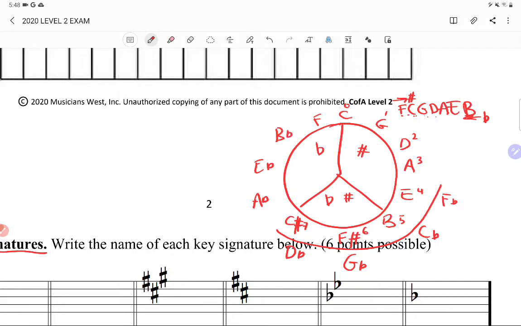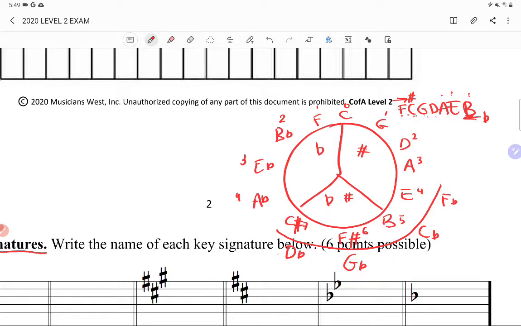And now, in the same way, C is your 0, F has 1 flat, in this case B flat. B flat major has 2 flats, B flat and E flat. E flat has 3: B flat, E flat, and A flat. A flat has 4: B flat, E flat, A flat, D flat.